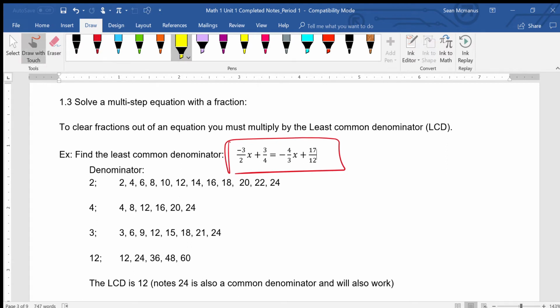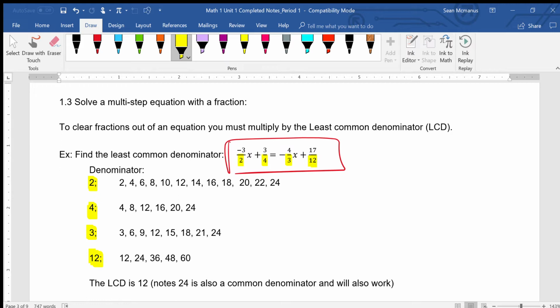Right, so I have 4 terms, and the denominators for each of the 4 terms are different. One of the terms has a 2, then a 4, then a 3, then a 12 on the bottom. So I can't really add or subtract these things together with that situation. So what I'm going to do is actually come over here. It's already been done for us, but we'll look at it together.